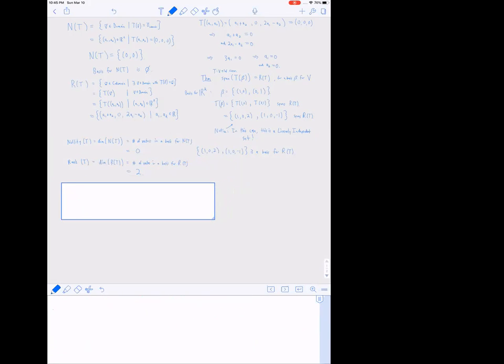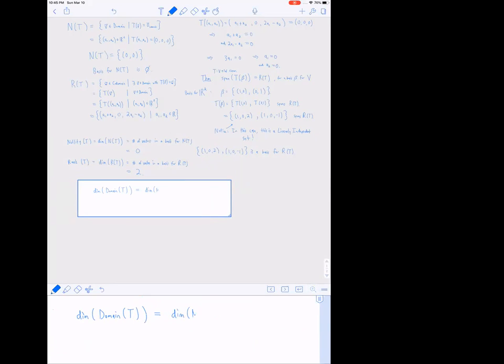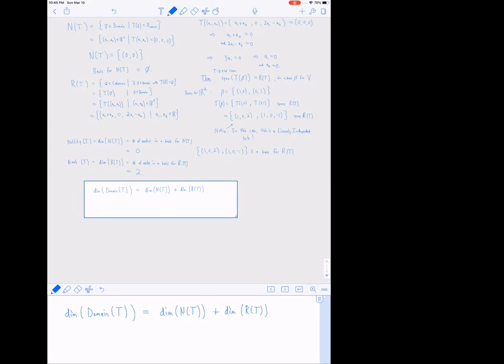Finally, let's look at the dimension theorem. The dimension theorem says that the dimension of the domain of a linear transformation T is equal to the dimension of the null space, or the nullity, plus the dimension of the range of T, or in other words, the rank of T. So in this case, the domain, that's R2, has dimension 2.